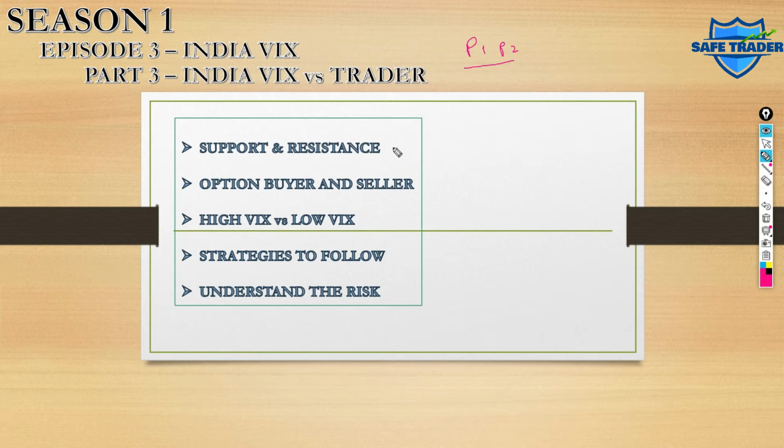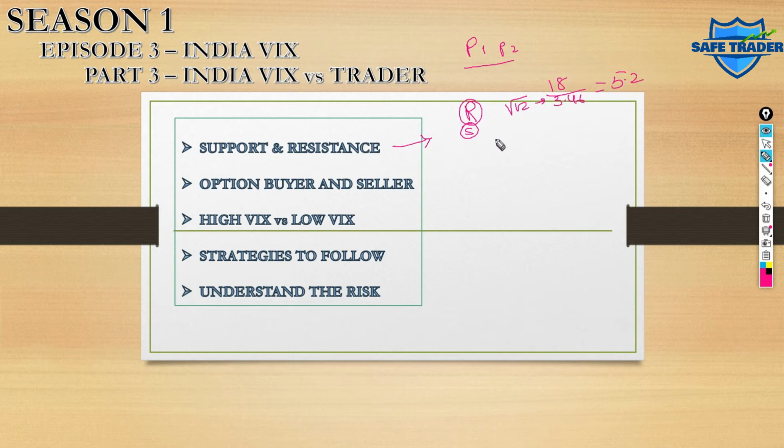The first topic I would like to talk about is support and resistance, which we have already spoken about: how to draw support and resistance. We have seen that you take the square root of 12, which is around 3.46, and divide the INDIAVIX, which is around 18% now, by it. 18 divided by 3.46 comes to 5.2.